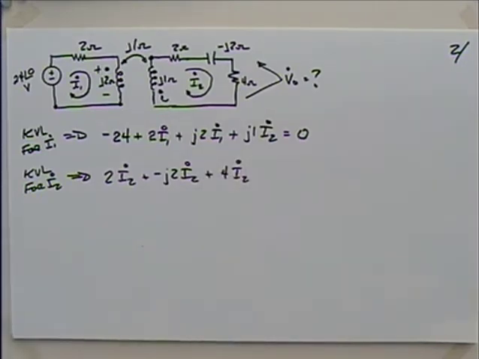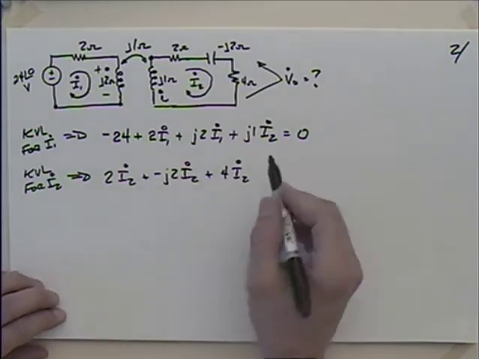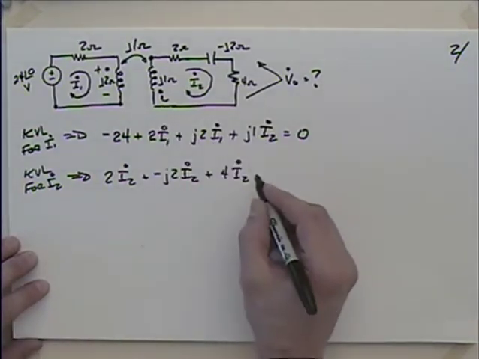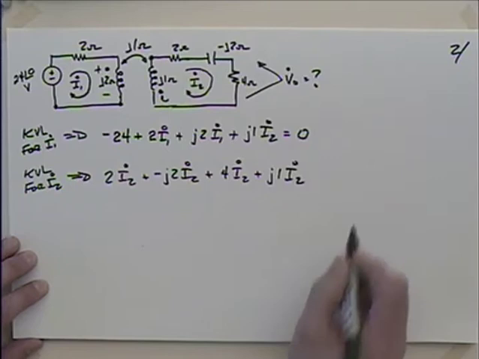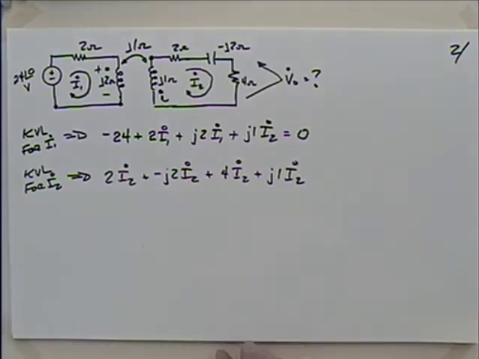And a lot of people would just say, well, that's 6 minus j2 quantity times I2. You could combine all of that. I guess I'd have one more I could put in there too, couldn't I? Plus j1 times I2. Have I got all the self terms okay?